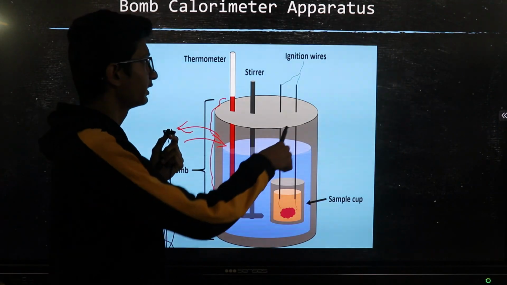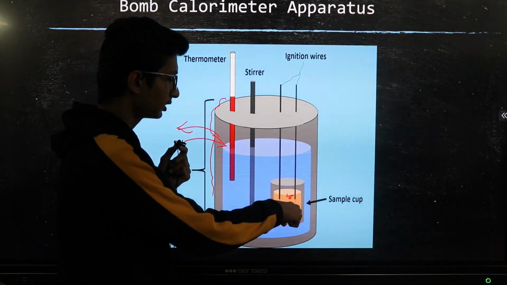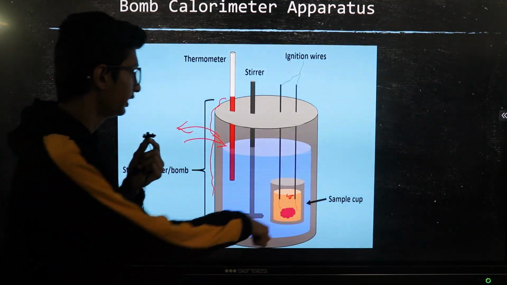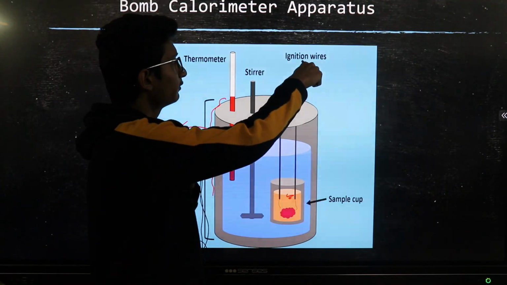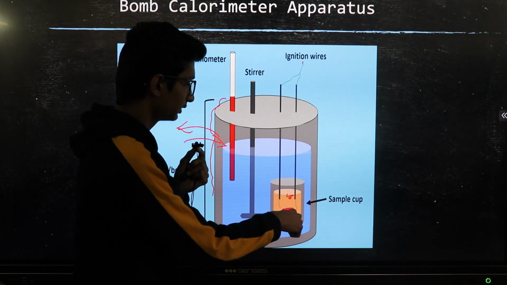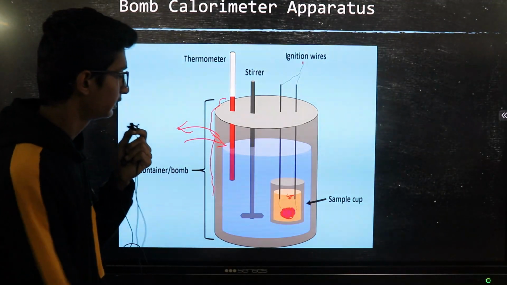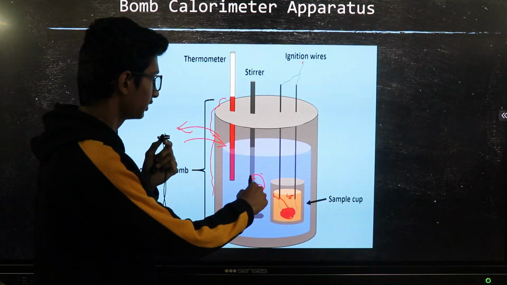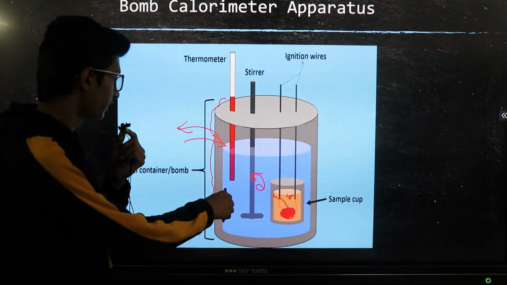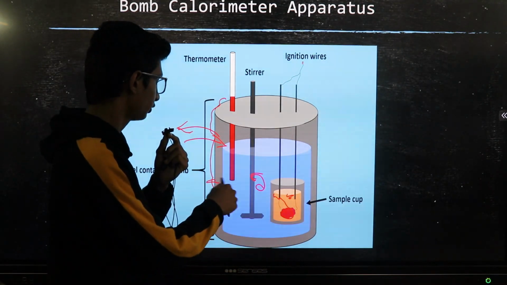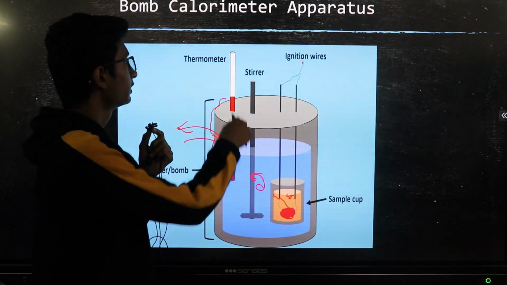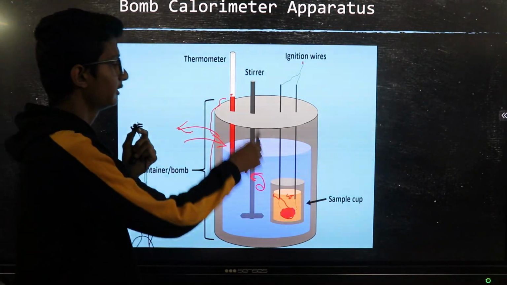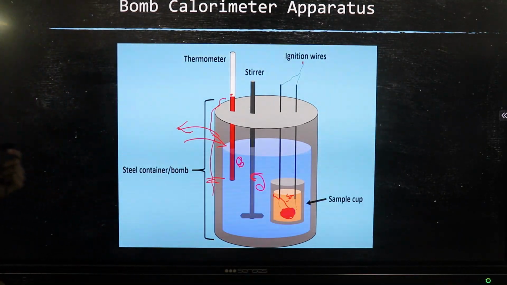This is a sample cup where we put the substance whose heat of combustion we want to find, and the ignition wires will spark the substance. When it undergoes combustion, the heat will be absorbed by the water, and since it is an adiabatic system, heat will not transfer in or out. The thermometer will measure the temperature of the water, and you will get the heat of combustion of the substance.